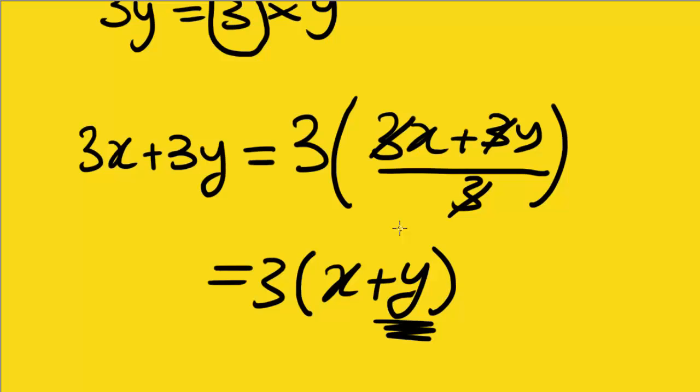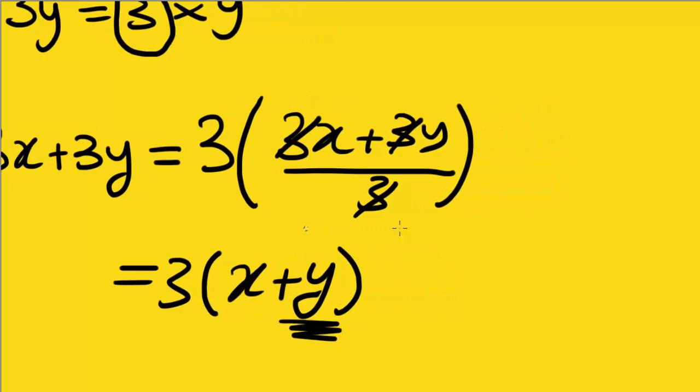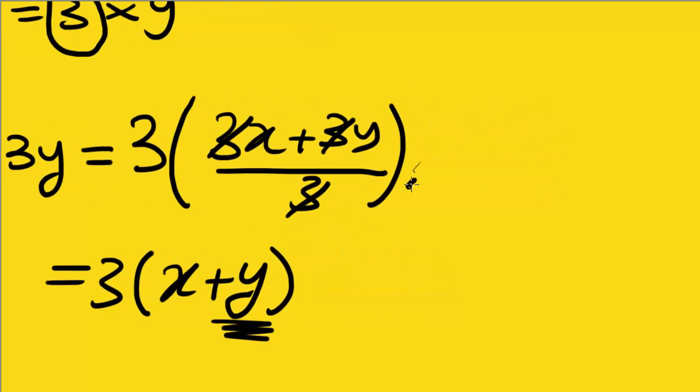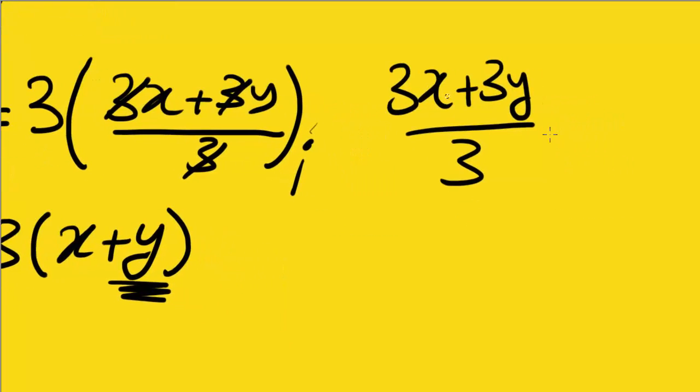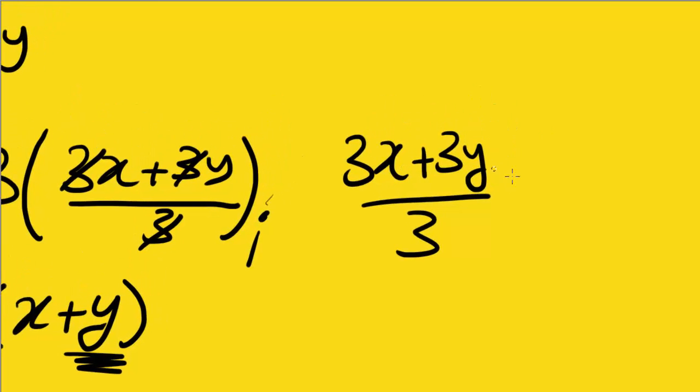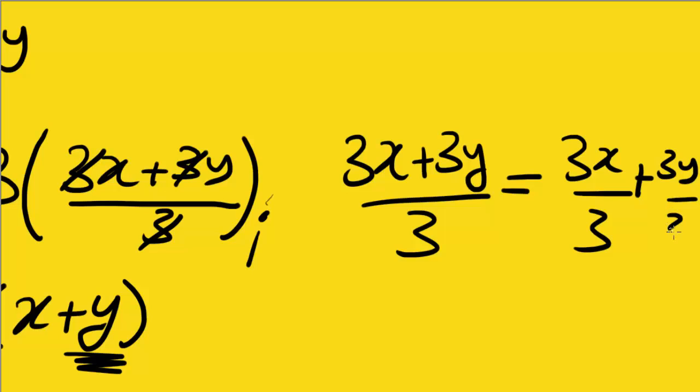So let me just clarify the division. Now, the division within the bracket was 3x plus 3y divided by 3. You can rewrite this expression as 3x over 3 plus 3y over 3.